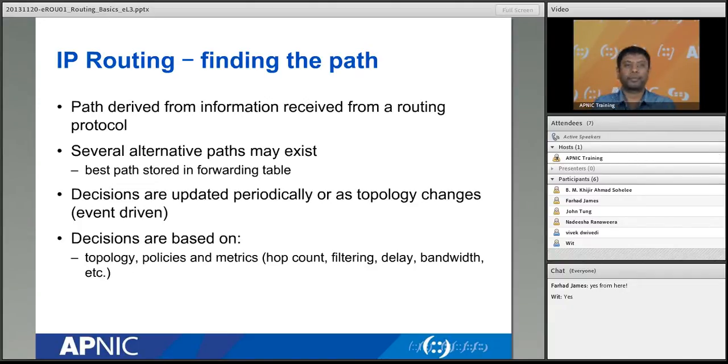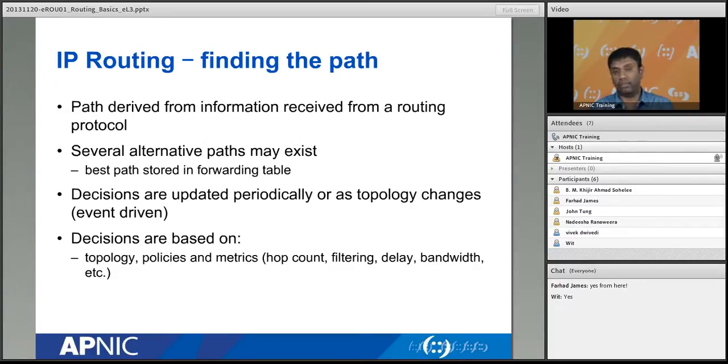By exchanging this information, they can learn a single path to a destination or more than one path to the same destination. When a router learns a single path to a destination, obviously this is the best path because it doesn't have any alternative.